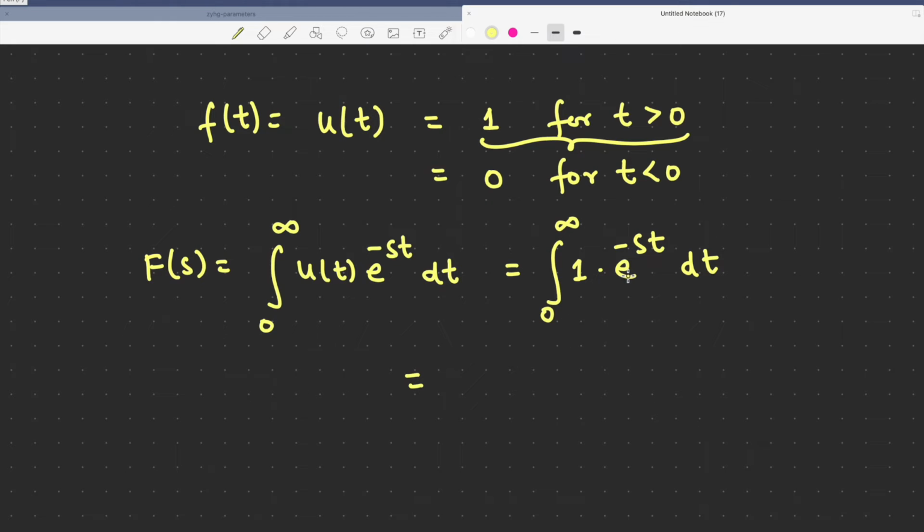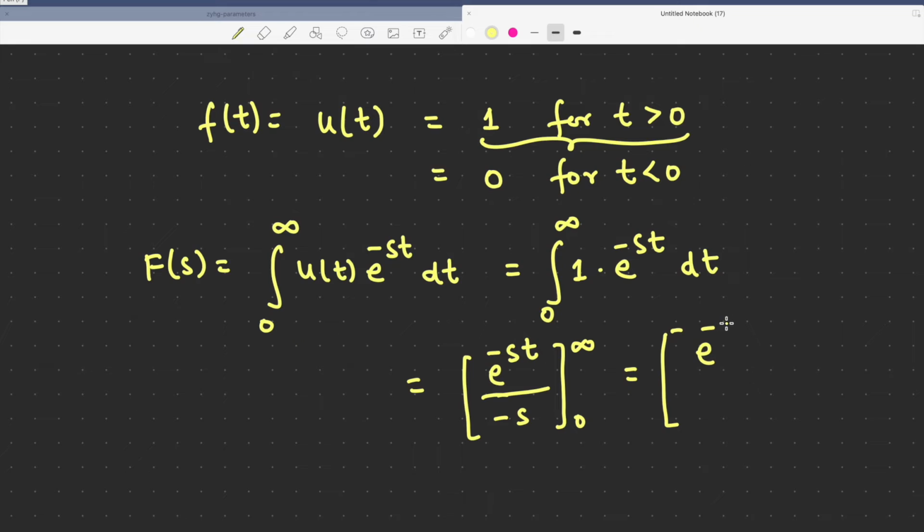This can be calculated as e to the power minus st, the integration of e to the power minus st being divided by its coefficient, which is minus s, from 0 to infinity. So it's e to the power minus infinity minus e to the power 0, divided by minus s, which is 0 minus 1 by minus s, which is 1 by s.